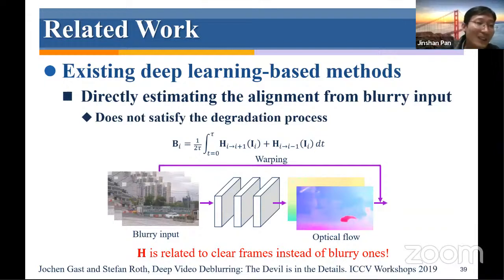But most existing deep learning based methods usually estimate the alignment information, for example, the optical flow information or the offset based on the deformable convolution. And these offsets are all estimated from the blurry input. And I think these approaches will not generate physically sound results.